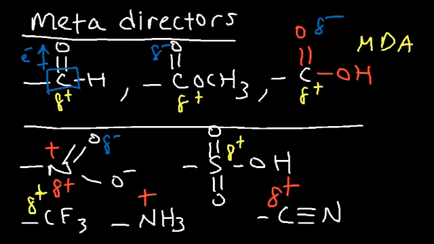And if the first atom has a partial negative charge, it's usually an ortho-para director. Just looking at that one difference can help you find out what type of director you have. Now, the groups on the bottom are strongly deactivating. So a strongly deactivating group makes the benzene ring less reactive.